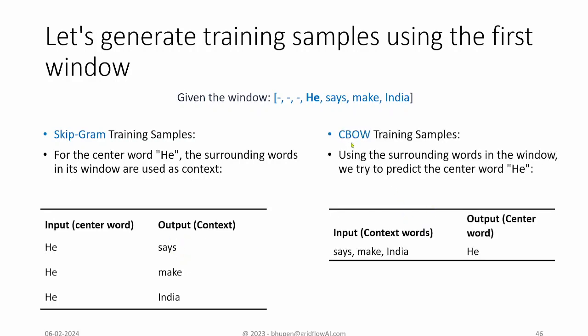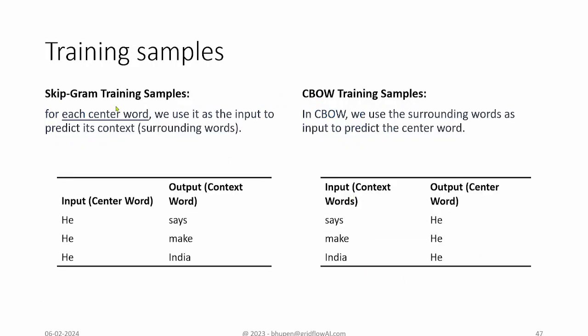On the contrary, in the continuous bag of words, the input is the context words, let's say "says", "make", "India", and "he" is the prediction. So the training samples that we will be using in the case of the skip-gram architecture: "he" and "says" would be a pair. So this is like X, for example the input, and this is the prediction.